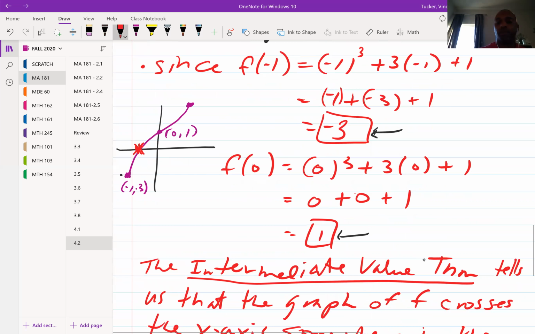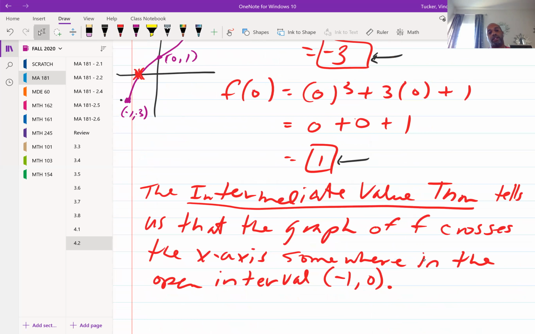So that's what we're talking about, intermediate value theorem. There is a value in between these 2 points. They had to cross the x-axis at some point.